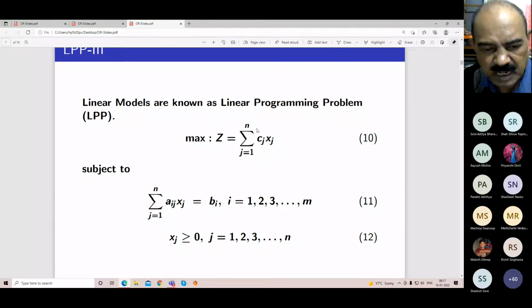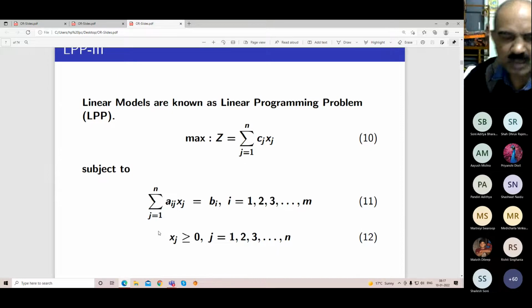But if n equals m, we have a system of linear equations, which looks like a square system.